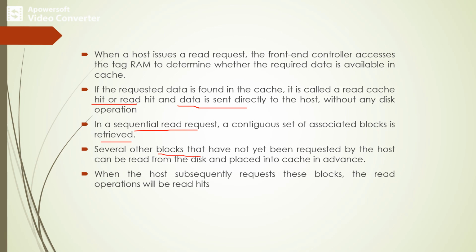Several other blocks that have not yet been requested by the host can be read from the disk and placed into the cache in advance. During the occurrence of a read miss, the data from the physical disk is copied into the cache so that the host can access the data directly from the cache.